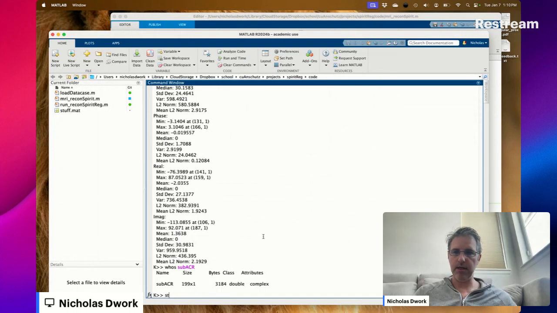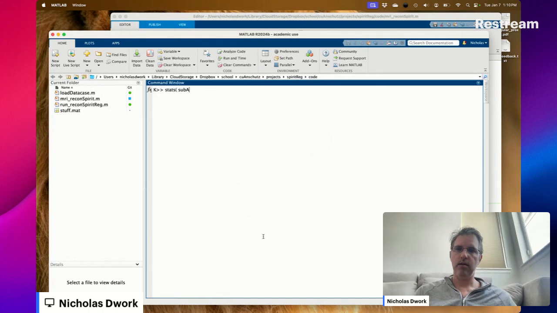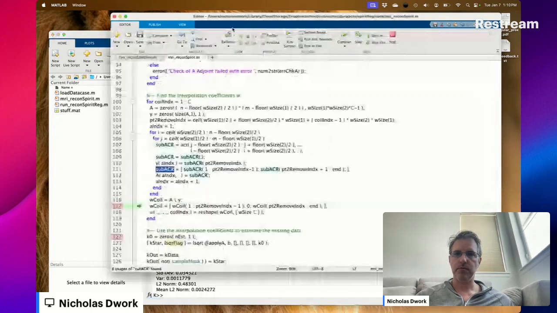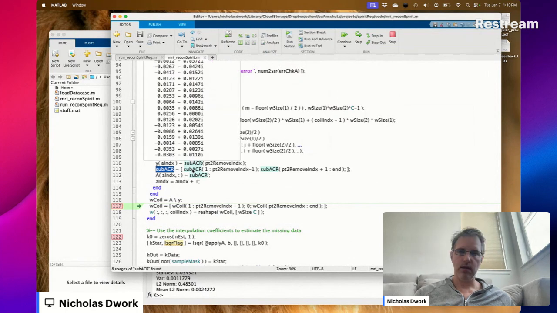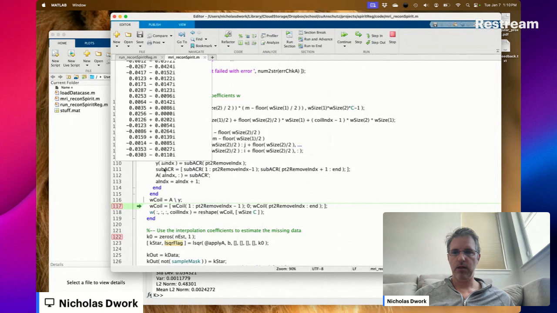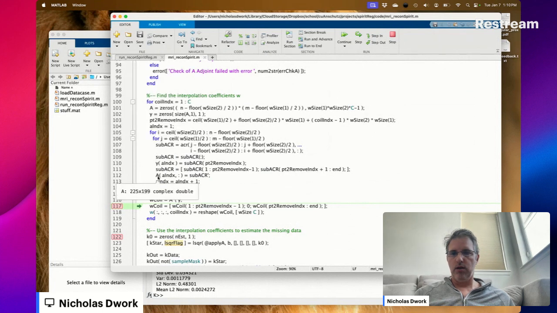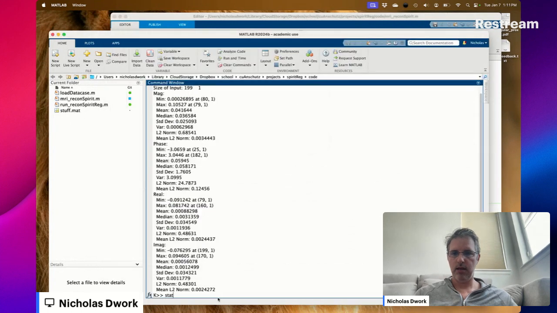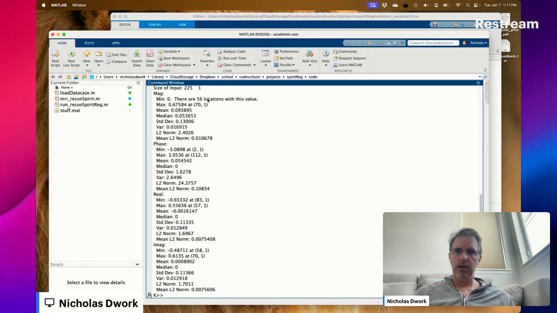What are the values of sub ACR? So its min magnitude is not 0. There's nowhere in the auto-calibration region with a value of 0. How about Y? There are 56 locations in Y that have a value of 0.